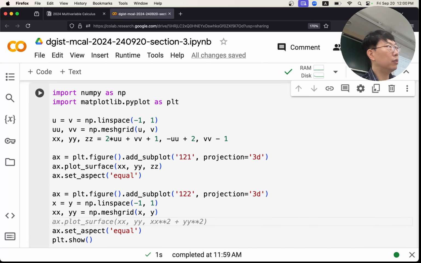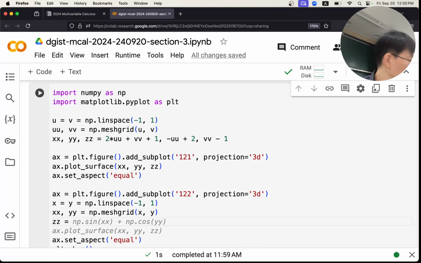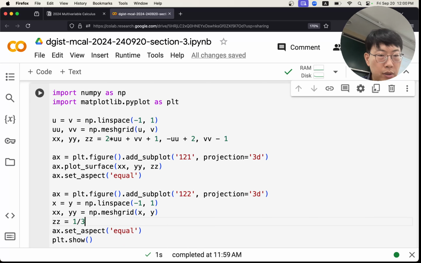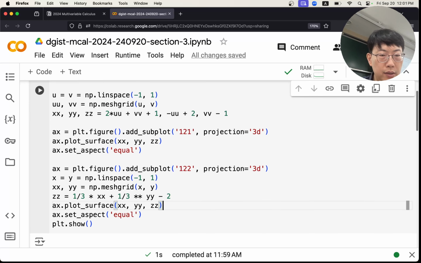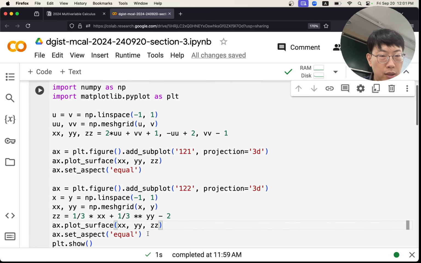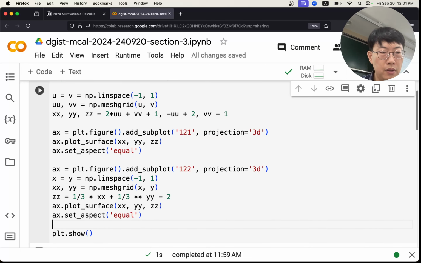When I use the two variable explicit equation for z, x and y are already the parameters of the surface. So xx and yy are given by the mesh grid of x and y, and I only need z to be 1/3 of xx plus 1/3 of yy plus minus 2. So then I can plot the surface with x, y and z and set the aspect equal. You get the same figure.